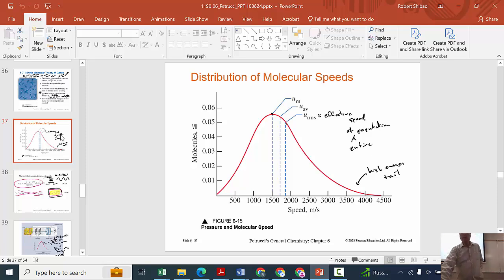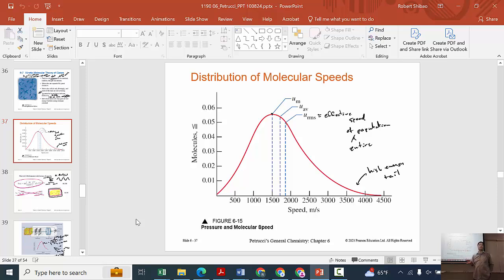And therefore, we can treat the population, this is just for calculations. Why would we want to treat the population as having just one speed? Well, the reason is to make energy calculations easier, because when we do energy calculations, we're going to get a distribution of energies as well. We're going to get energies up here and energies down here.